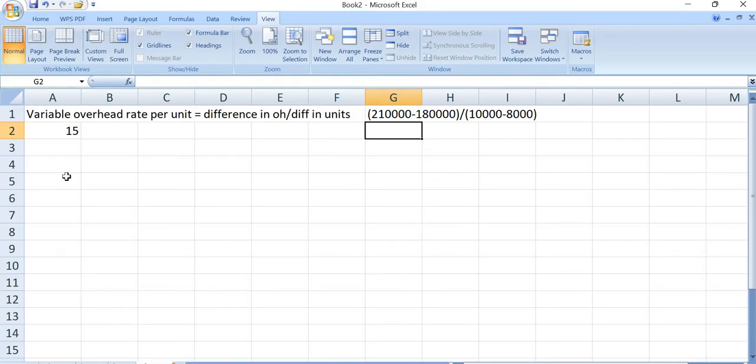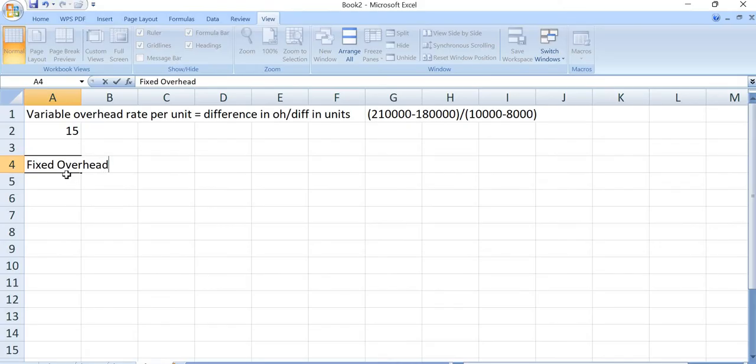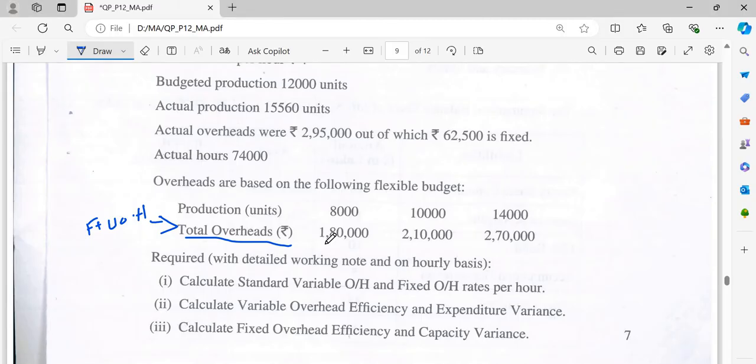Okay. Now if I am coming to the fixed overhead part, I want to calculate fixed overhead. How can I calculate it? Total overhead minus variable. I can take whatever capacity I want. If I am taking 8,000 units, total overheads is 1 lakh 80,000.